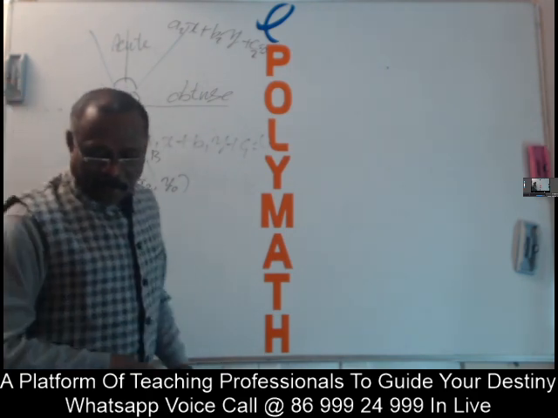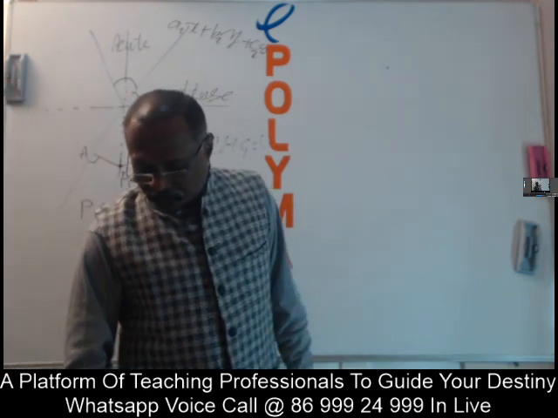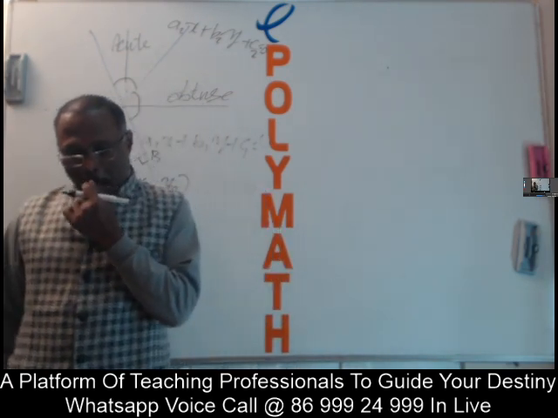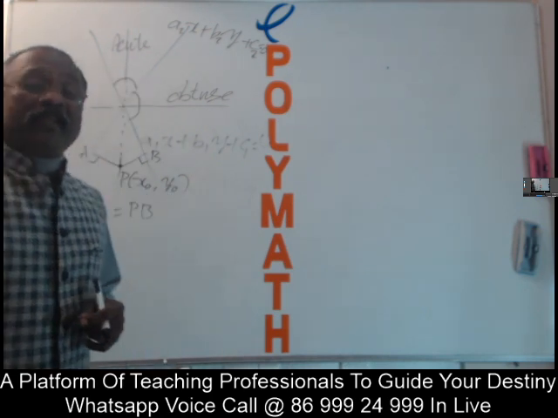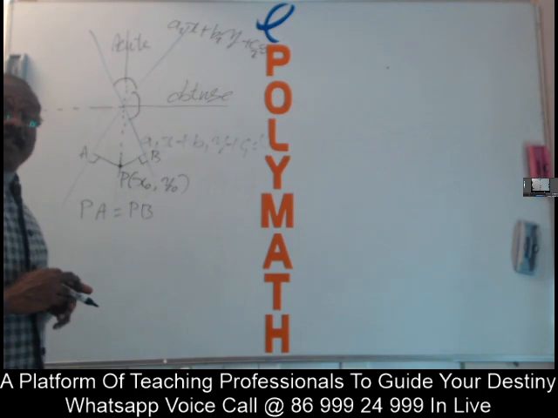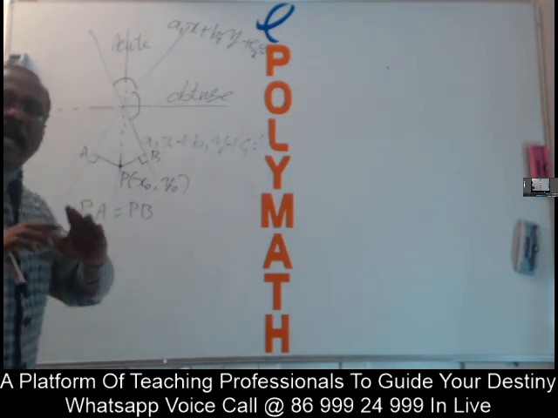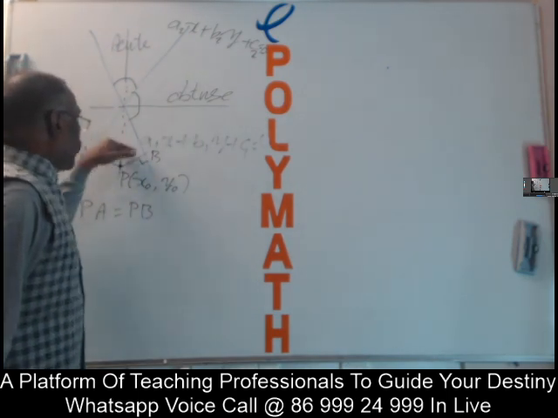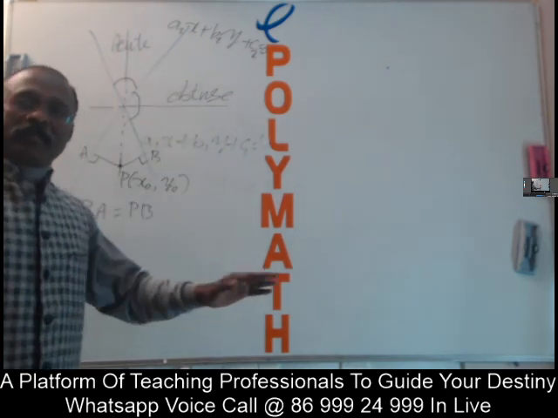So, PA is equal to PB. What is the property that is to be remembered? Any point on the angular bisector is always equidistant from the two lines.